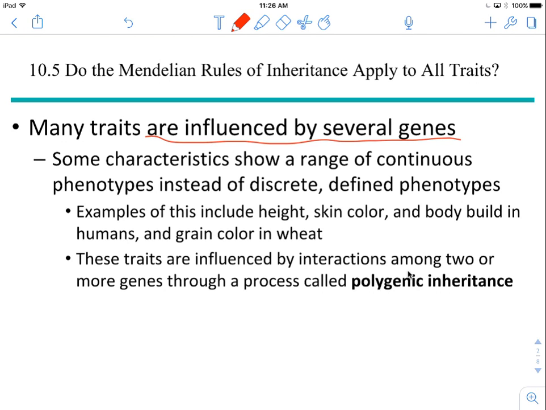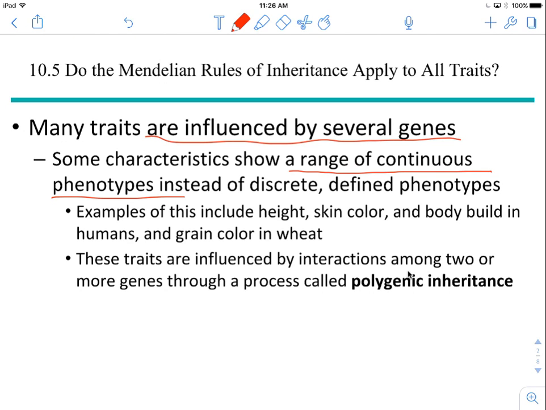And if you think about a characteristic that shows a range of phenotypes instead of discrete phenotypes, like plant colors, it's purple or white. It's not purple, light purple, lavender, puce, dark purple. There's no range. It's one or the other. But in humans, if we lined everybody up by skin color, and there's a slide that does that shortly, there's a gradient of color.